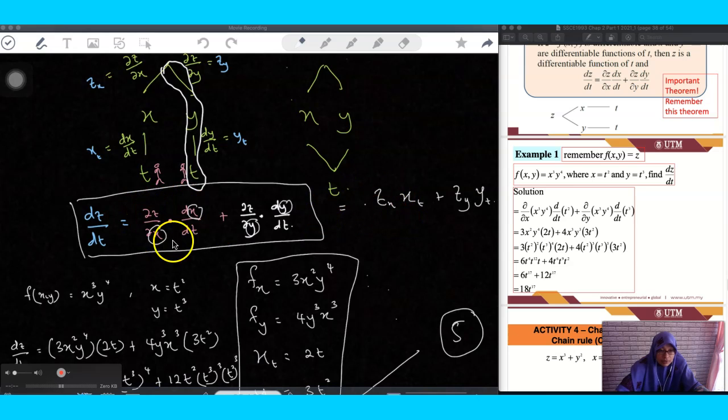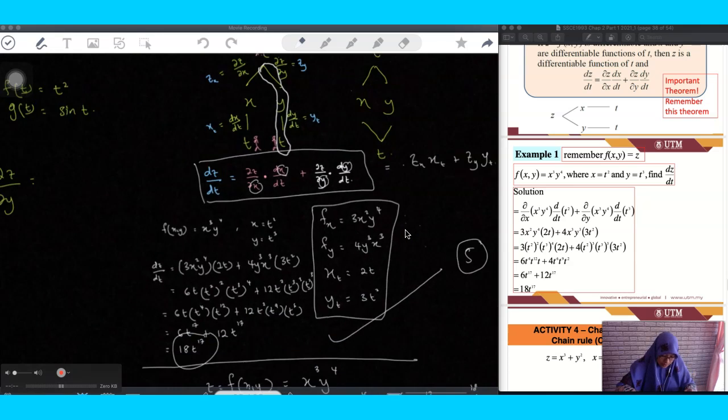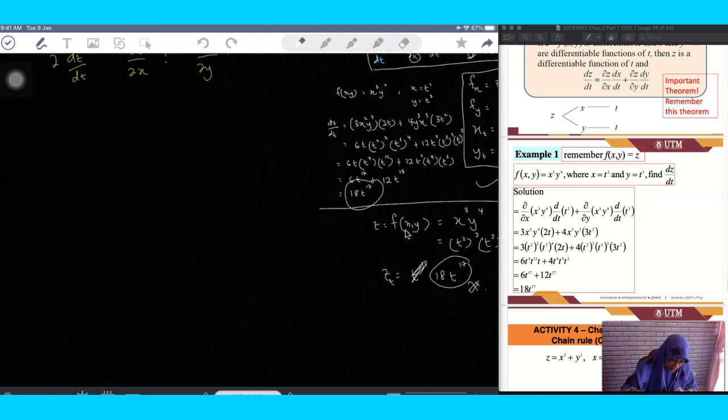This one belongs to w_x, this one belongs to w_y, and plus w_z. So here I show you how to construct it. Here w, under the w, there is x, there is y, there is z. So x in terms of t, y in terms of t, z in terms of t.